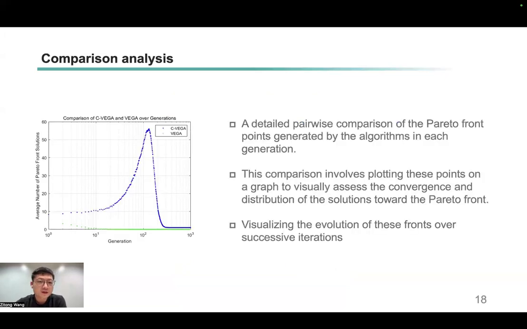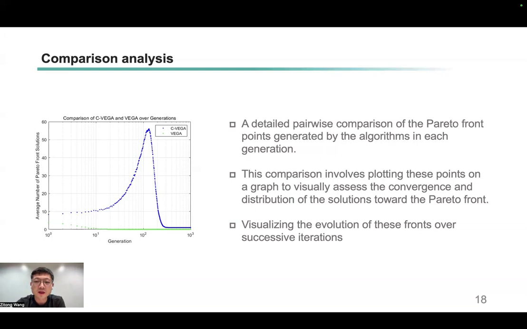Last one is comparison analysis. By this figure, we can gain insight into the temporal dynamics of algorithm performance, how quickly and efficiently each algorithm approached the optimal front. A detailed pairwise comparison of the Pareto front points generated by the algorithm in each generation.